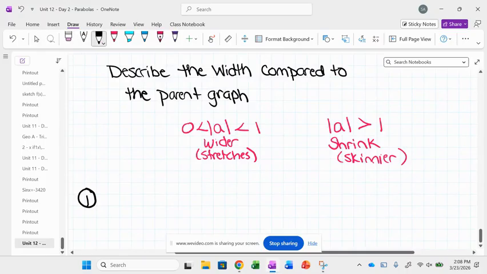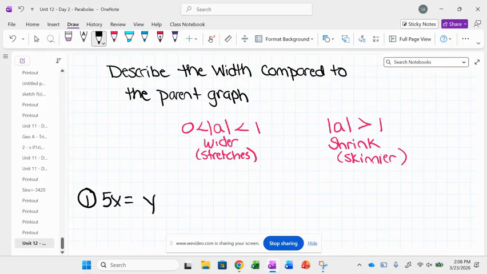Okay. So with that said, let's say I have 5x equals y squared plus 4y minus 26. Is this in a good format? No, it is not. What do we have to do to make it in a good format?